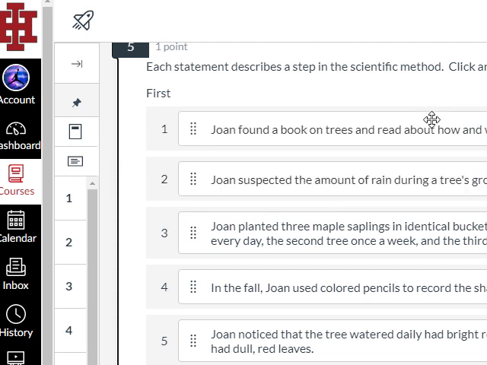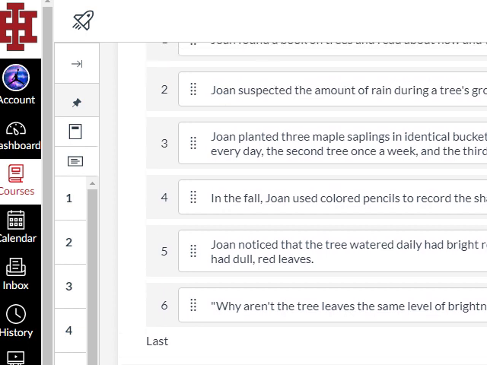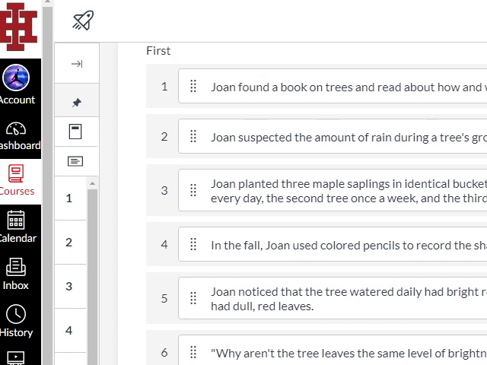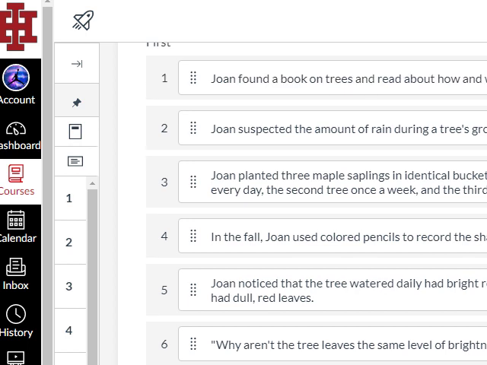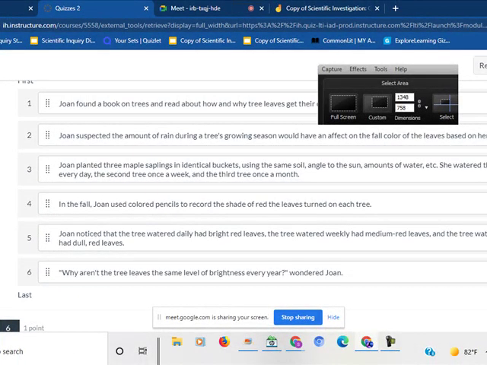Okay, so we research, then we're able to make our hypothesis, then we set up our experiment, right? And we collect data, doing the coloring, and then we notice what happens. And then what do you have at the end? Why aren't the tree leaves the same?